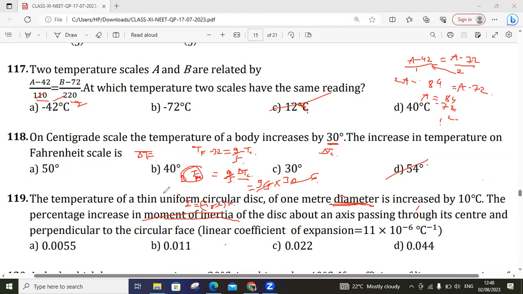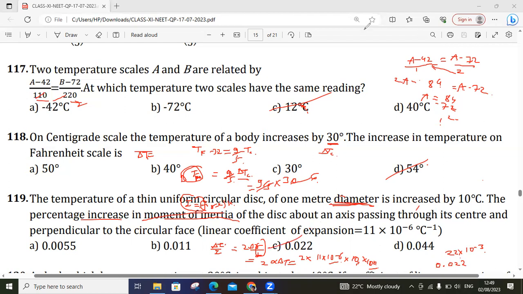So percentage increase in moment of inertia will be 2 into delta r by r, and delta r by r is alpha delta t, since it is a linear dimension. So it will be 2 into alpha, which is 11 into 10 power minus 6, delta t is 10, and it is percentage increase, so into 100. Then 2 into 11 into 10 power minus 3, we have 22 here. That will be 0.022.